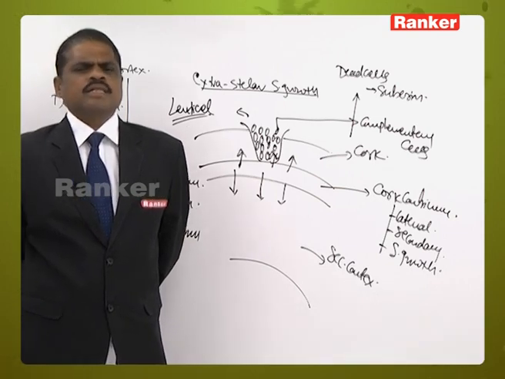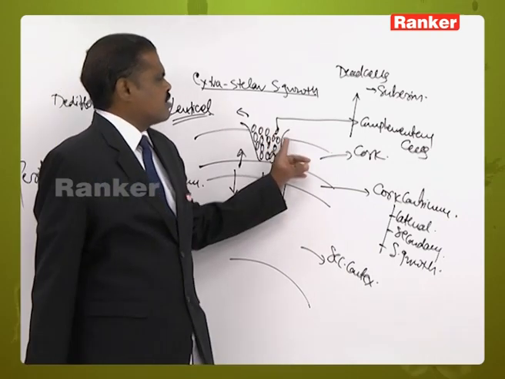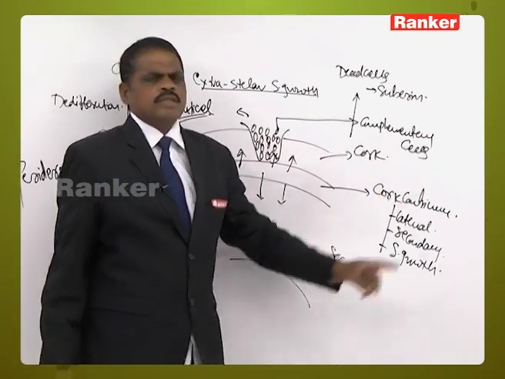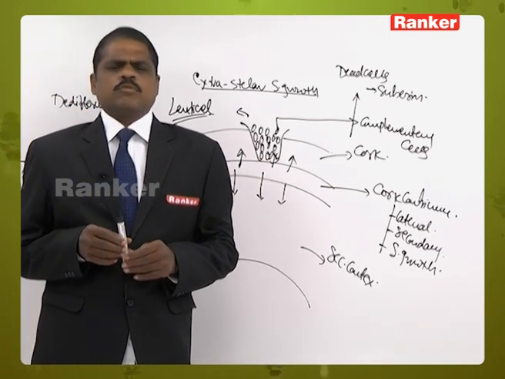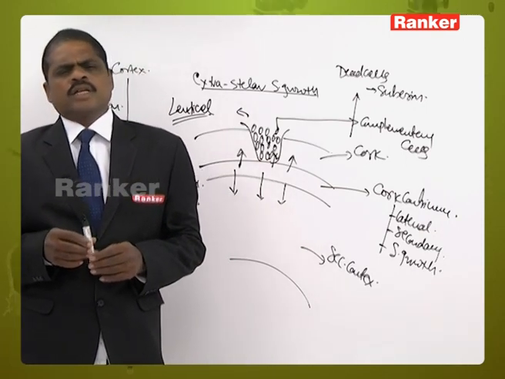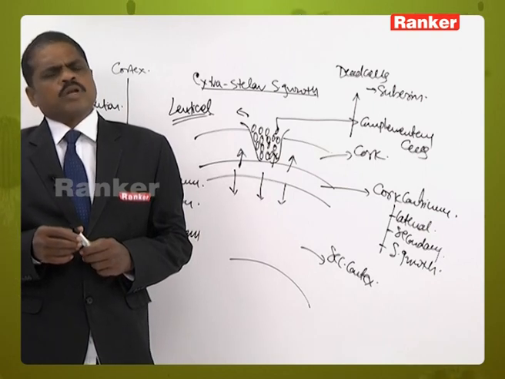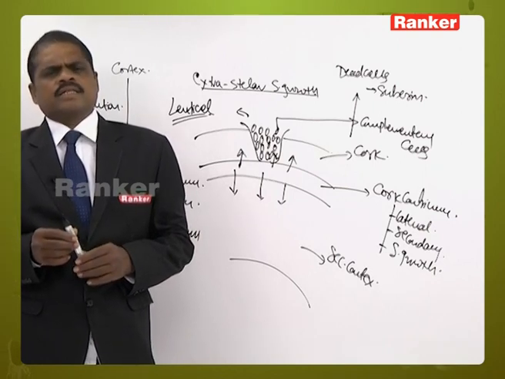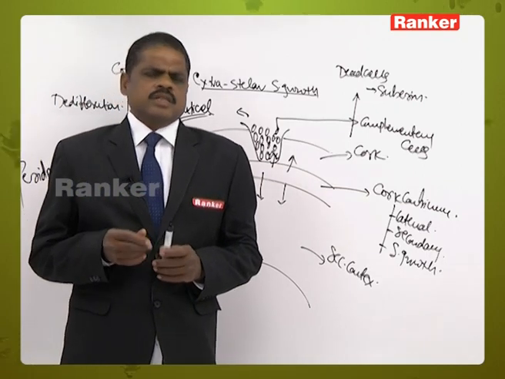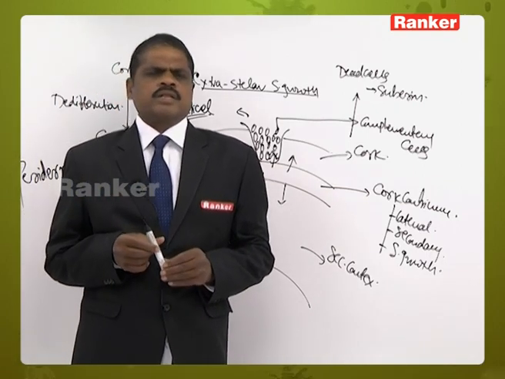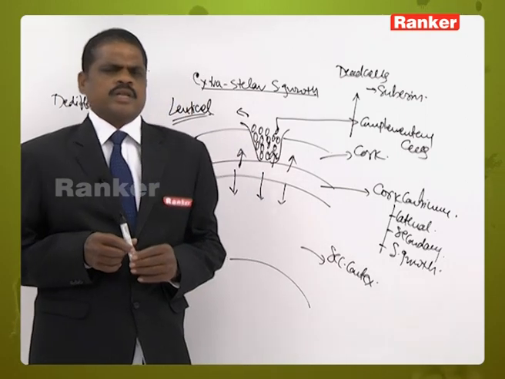Yes, lenticel, which is made up of complementary cells, is meant for exchange of gases in the secondary body. Lenticel also allows a little bit of transpiration, just negligible transpiration.